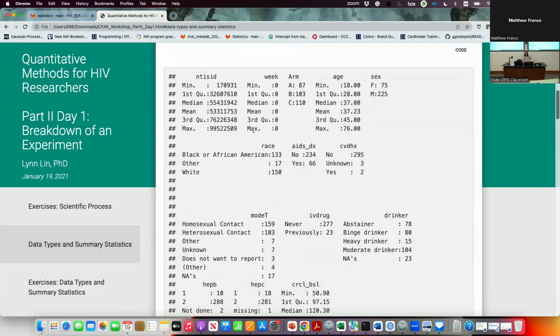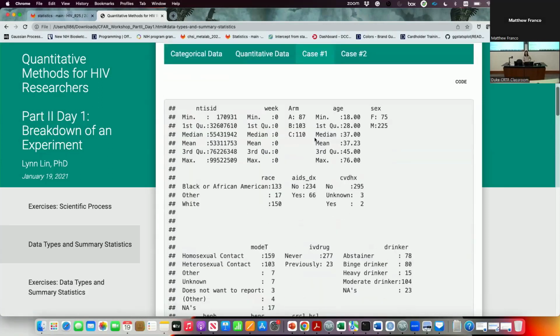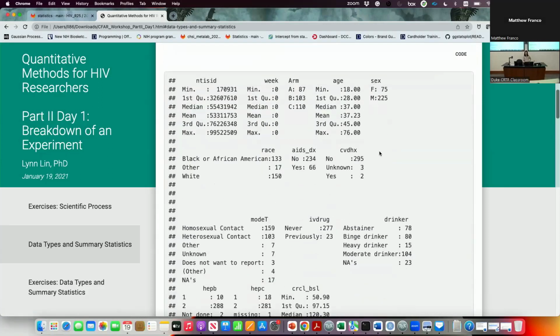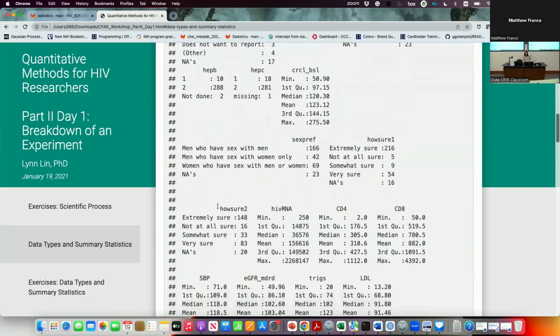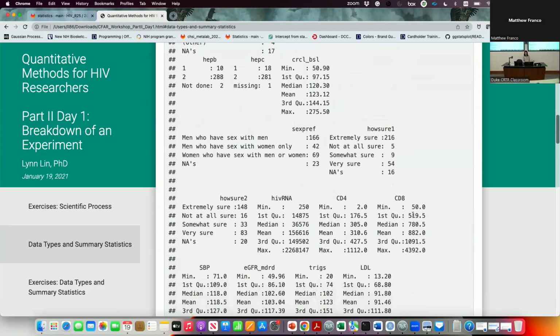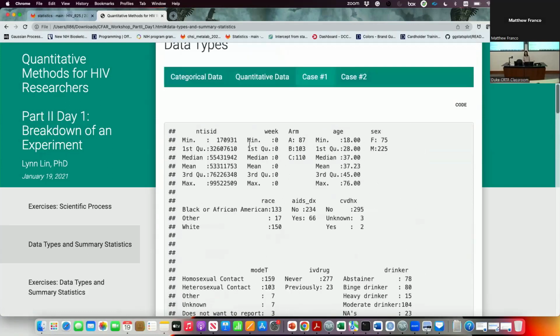But here, let's just see. For this study, from case 1, it contains this set of features, which means we take a measurement on the patient on those different attributes. First of all, if you look at this arm, there were 3 different treatment arms, A, B, and C.